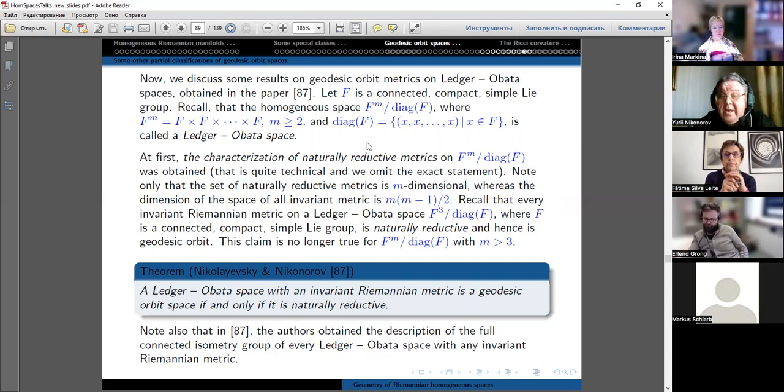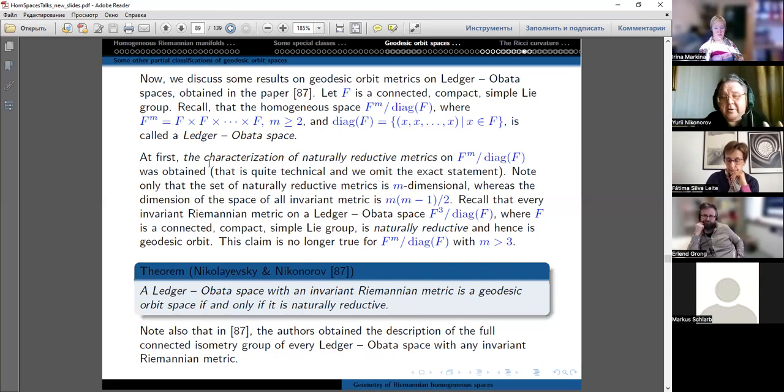It's very complicated spaces from the point of view of isotropy representation. Very complicated.